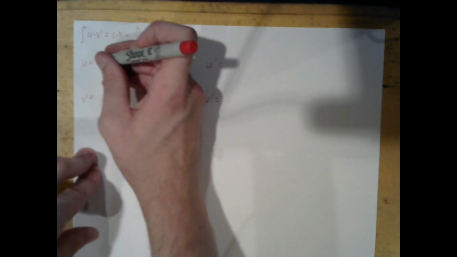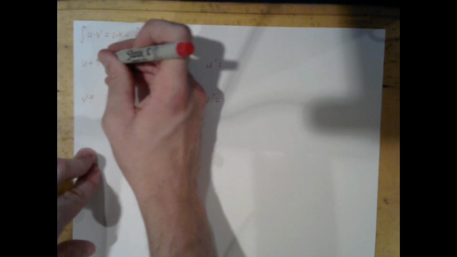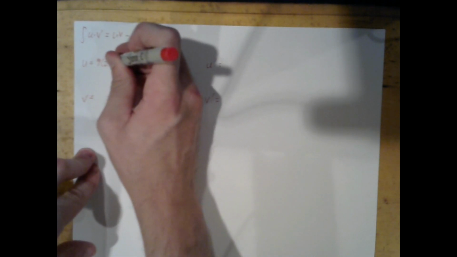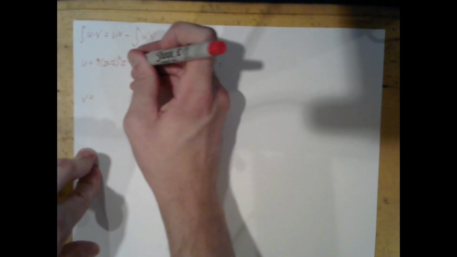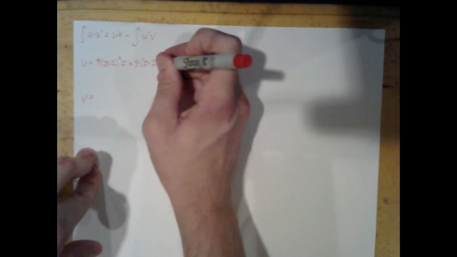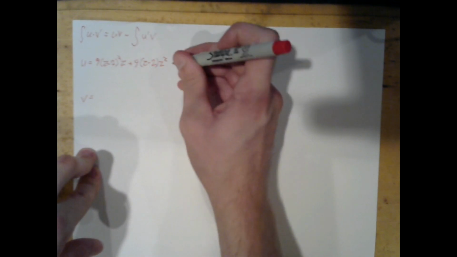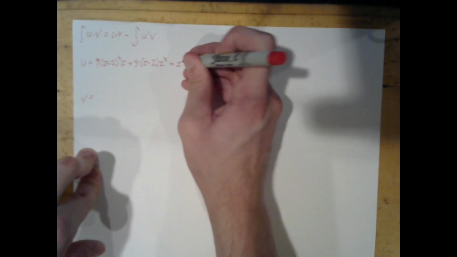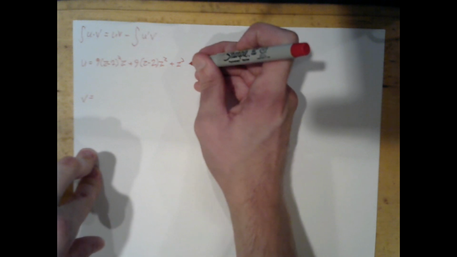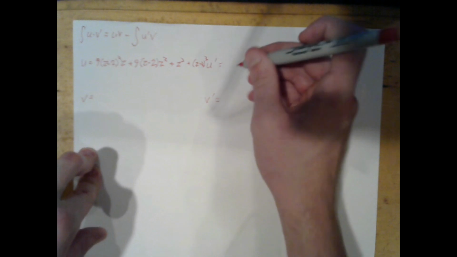Okay, so u, again, let's just write this out again. We just did this, but 9z minus 2 squared z plus 9z minus 2 z squared plus z cubed plus z minus 2 cubed.